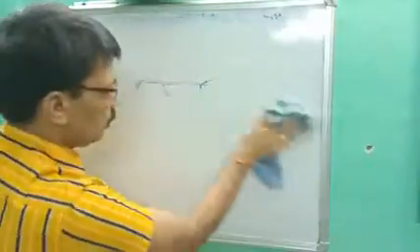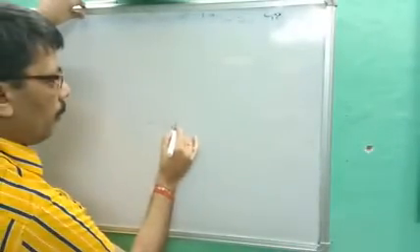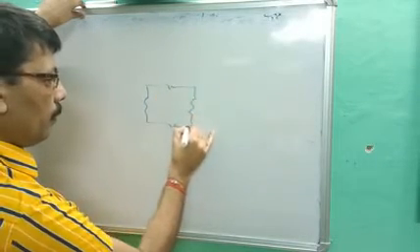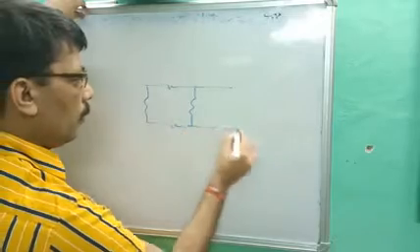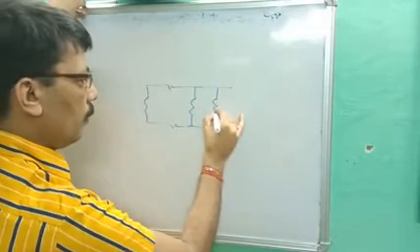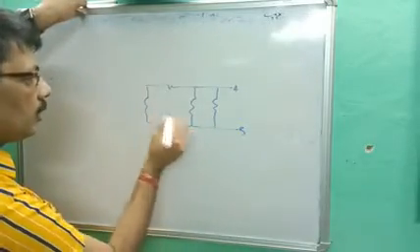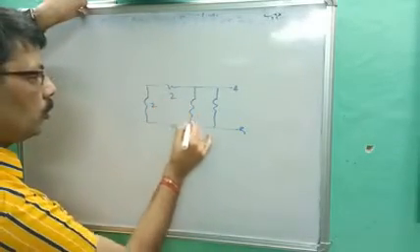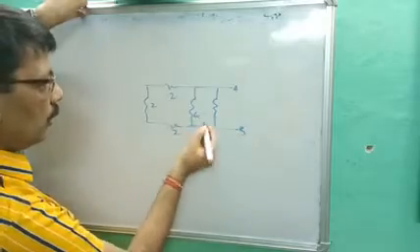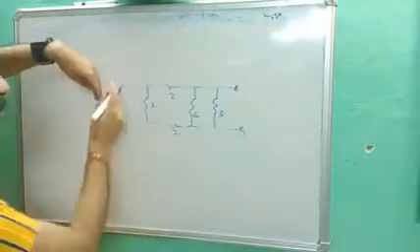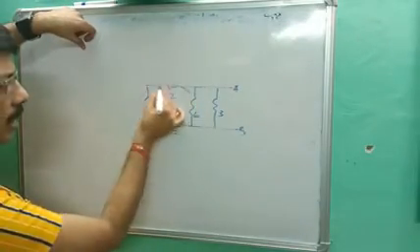We can assume some more questions. Let's suppose the question is given like this: 2, 2, 2, 6 and 3. And I ask to find the resistance between A and B. So you will start from the opposite direction. See there, all 3 are connected in series.